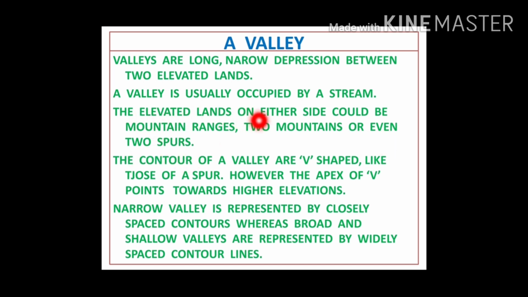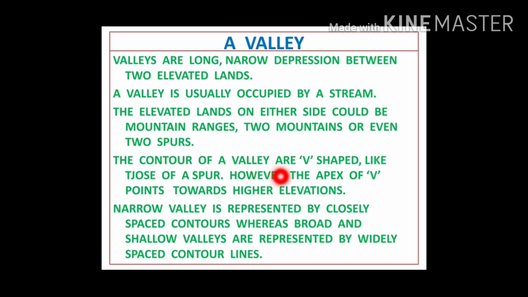So if a valley is a depressed portion between two mountains, the elevated land on either side of the valley could be a mountain range, or it could be two mountains or even two spurs. Just now we have learnt about spur, so it can even be two spurs on both the sides of a valley.